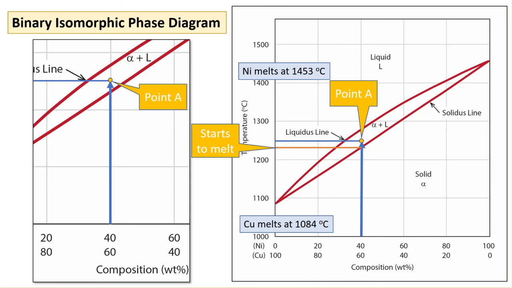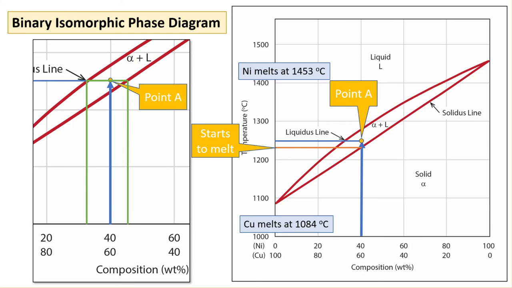Okay, so how can we find the composition of the liquid and the solid? Look at the figure on the left. You will draw an isotherm line, a line of constant temperature between the liquidus and solidus line. Then drop a vertical line down on both sides.